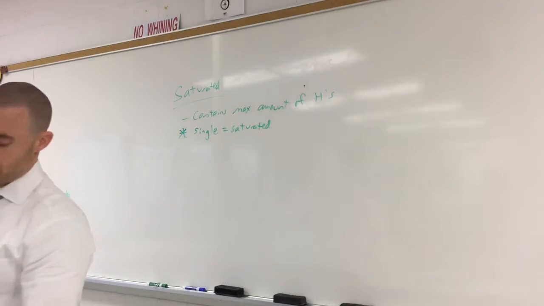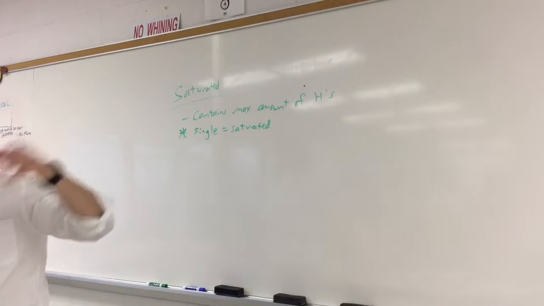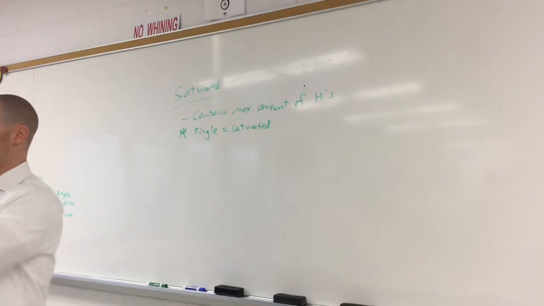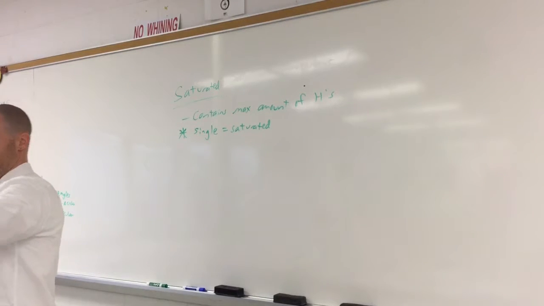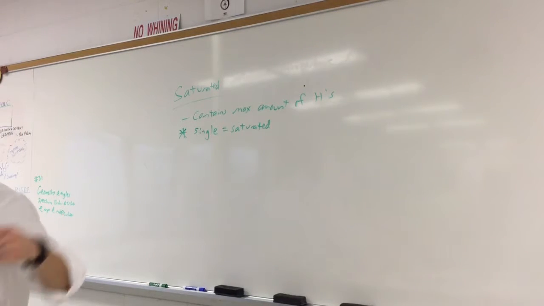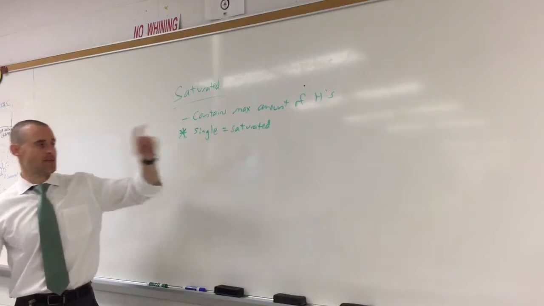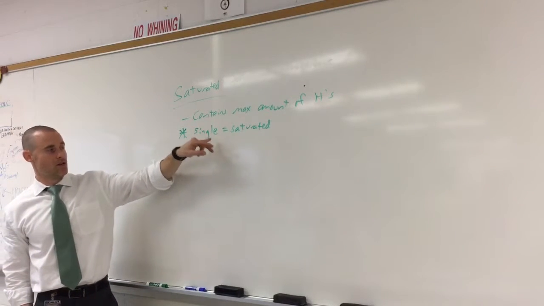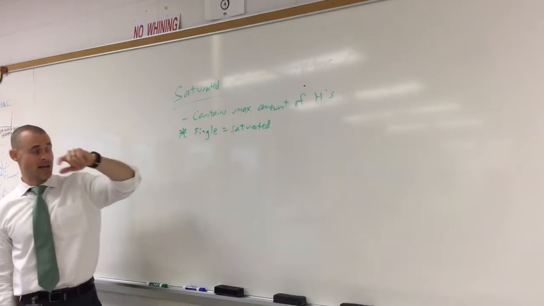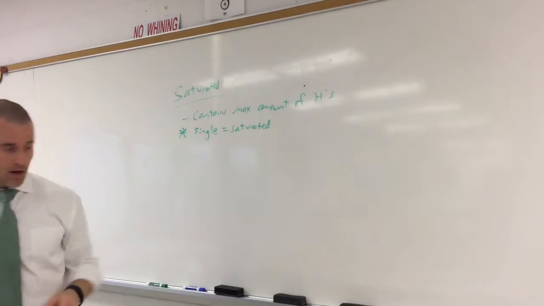It's not exactly the same, but it's related. Some saturated fats are good for you, but most are not. But anyways, single means saturated, and unsaturated is double or triple. You need to memorize that.